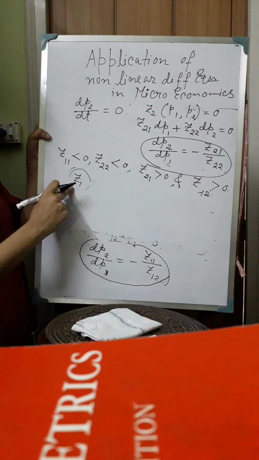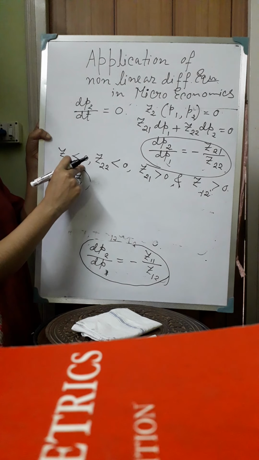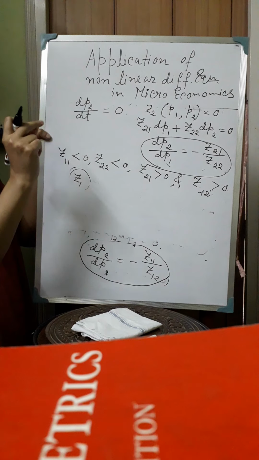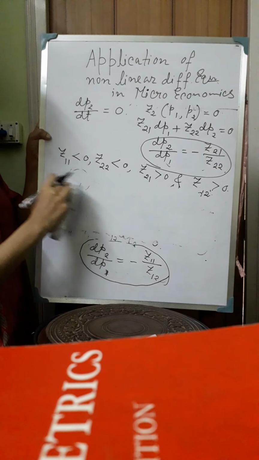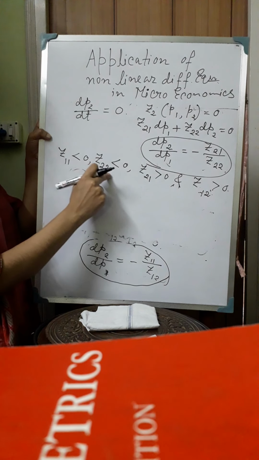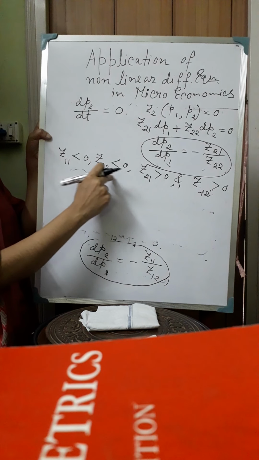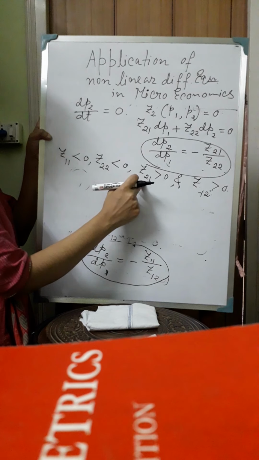Z11 represents the change in demand for commodity 1 with respect to its price. If Z11 is less than 0, that means we are considering a negatively sloped demand curve. What is Z22? It represents the slope of the demand curve for commodity 2. Here we are considering that commodity 2 follows the law of demand, and therefore Z22 is less than 0. The demand curve is negatively sloped. Now what is Z21?